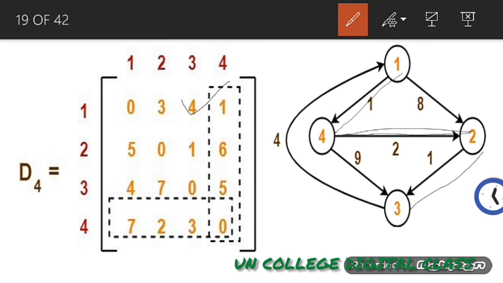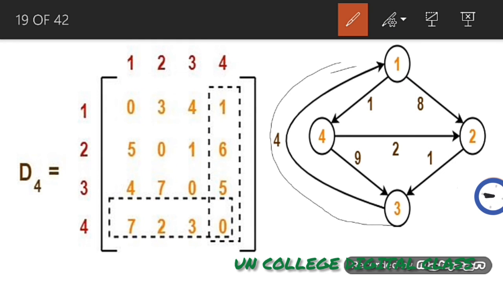How is 3 to 2 equal to 7? Here we go 3 to 1, which is 4, then 1 to 4, which is 1, then 4 to 2, which is 2. So 4 plus 1 plus 2, in this way we will get 7.